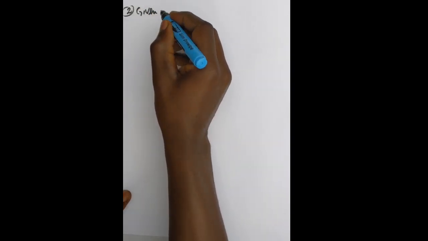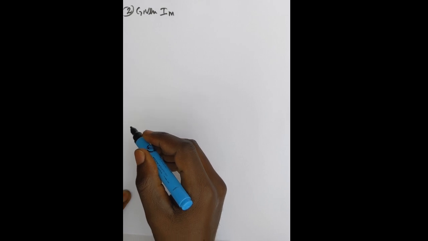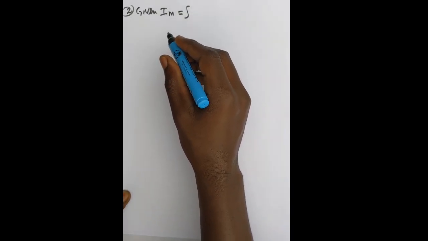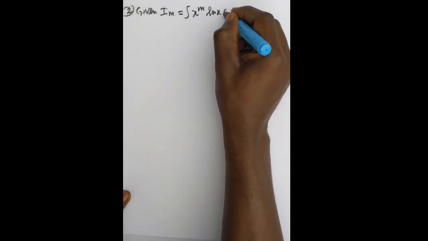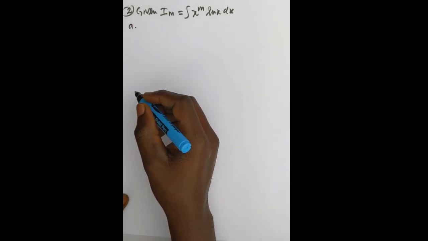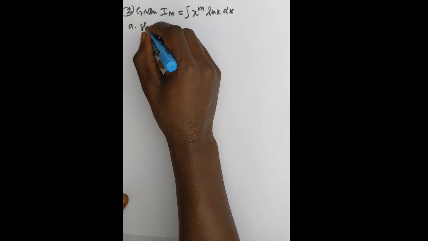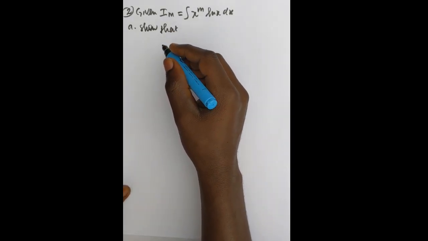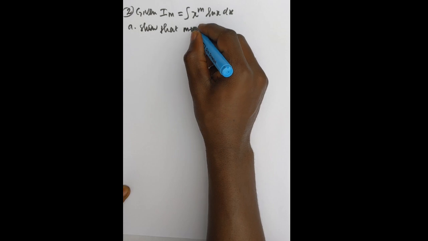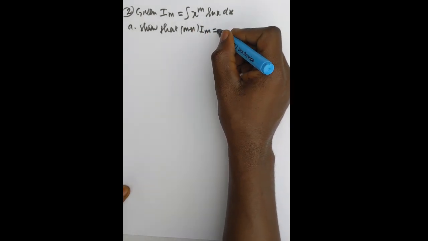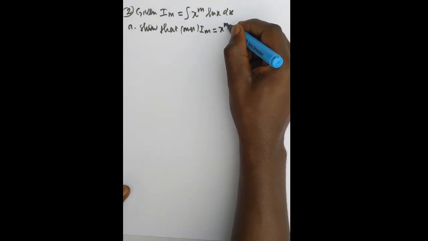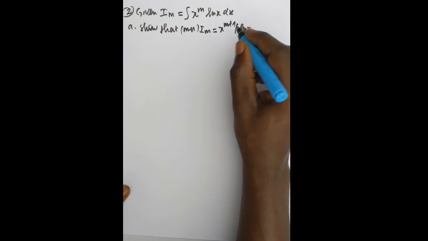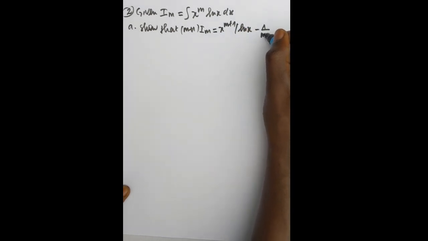Given that Em equal to integration of x power m ln x dx, we have to show that m plus 1 times Em is equal to x power m plus 1 ln x negative 1 over m plus 1.